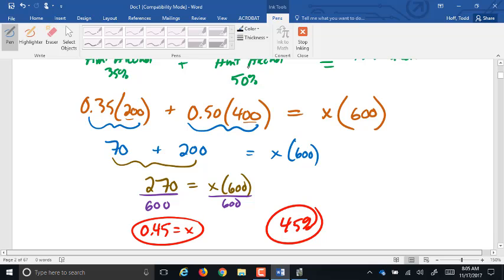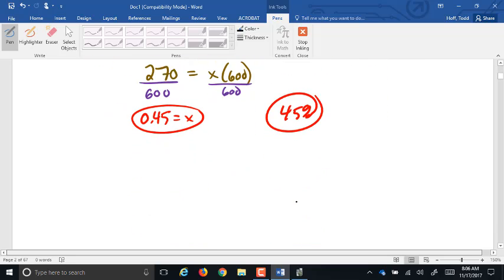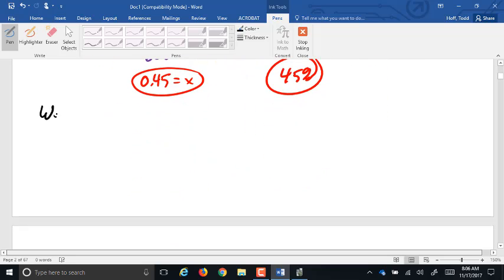Unfortunately, very seldom do we just mix random solutions together and try to calculate what the result is. Most of the time, we have a certain result that we want. So let's say we want a 47% solution.